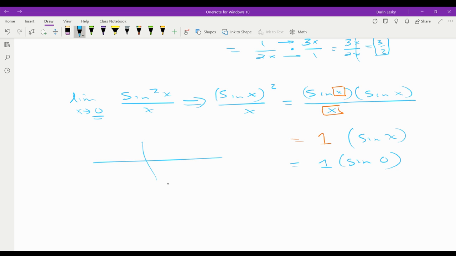So if we go back to our trig days, and I just draw a quick graph, x equals 0 is right here. So what is the sine of 0? Well, the y value is also 0. So that means that this is going to be 1 times 0, which is equal to 0. Okay.